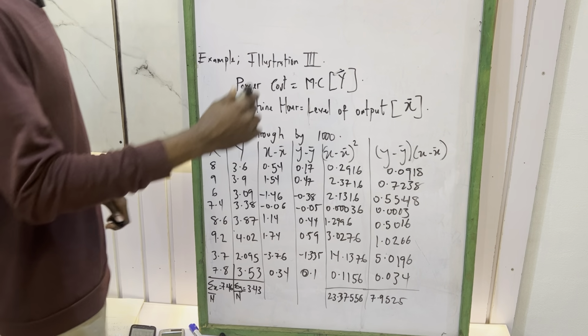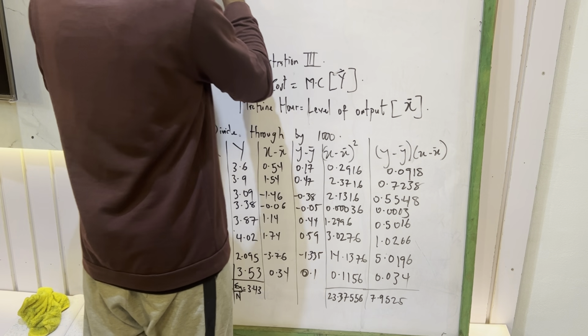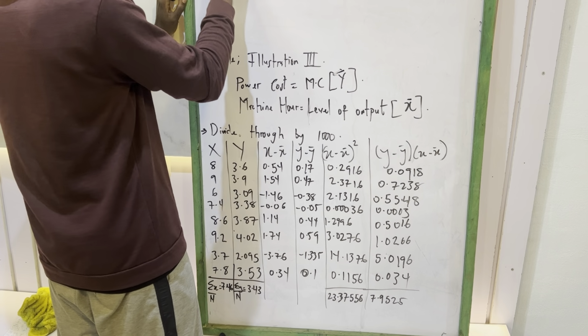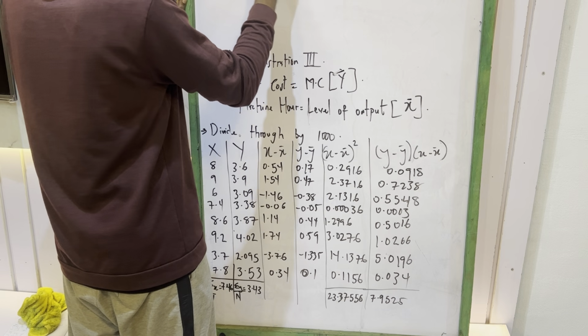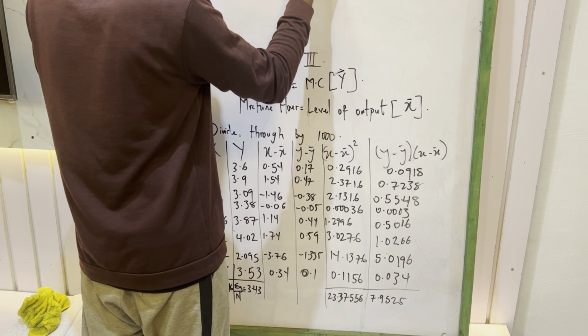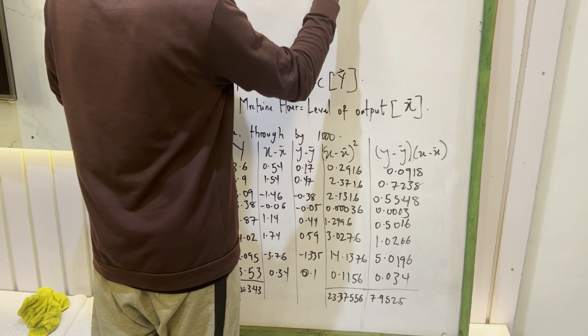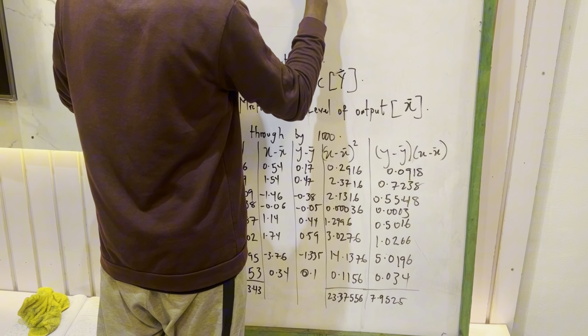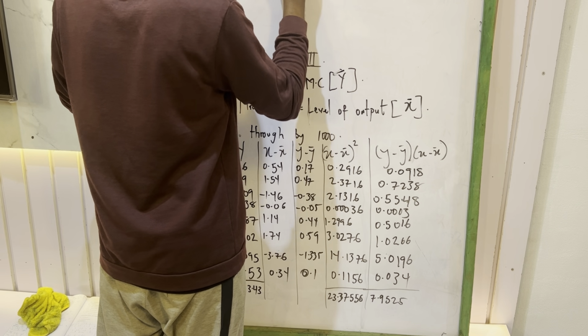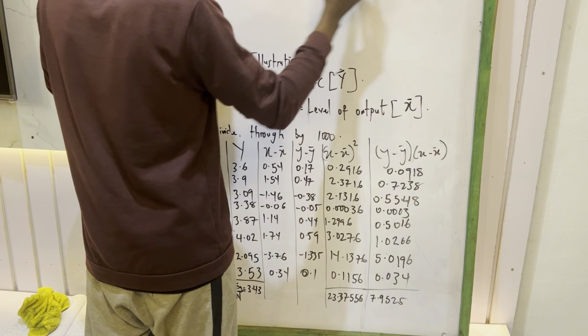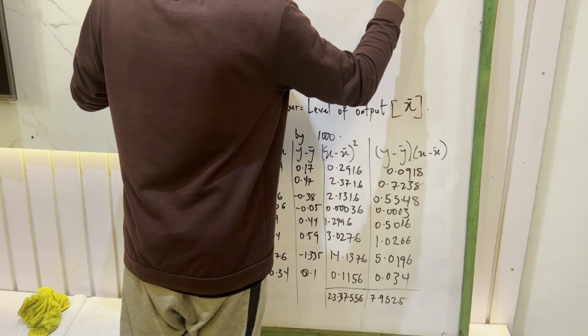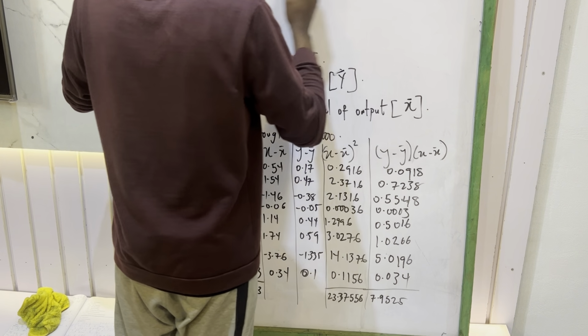Don't forget our variable cost per unit: summation of X minus X prime, Y minus Y prime, over X minus X prime all squared. Then our a is equal to Y minus bX.